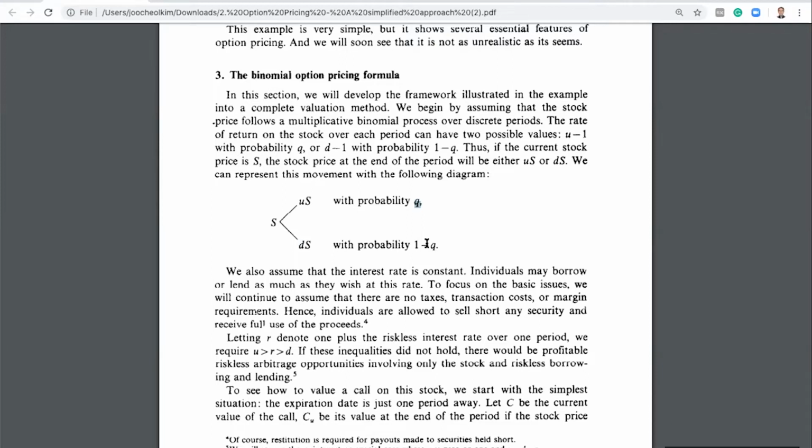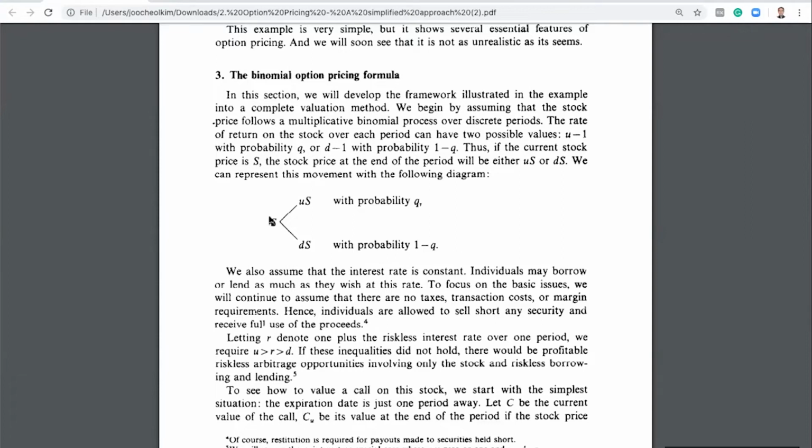So they just said Q is the probability of this happening, and it is actually a subjective probability. Every student here may have a different Q, but as long as it's a probability, it's okay. So this is the first setup.